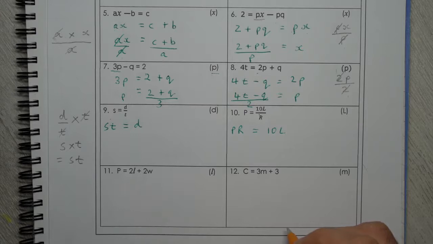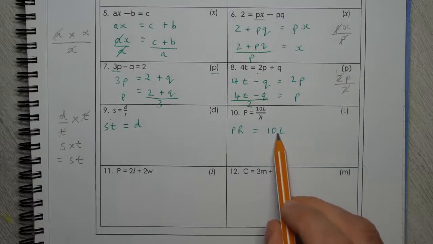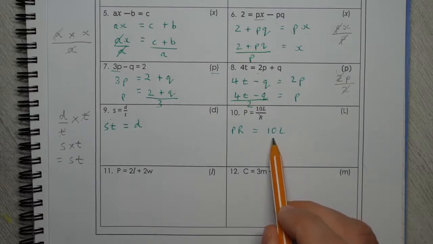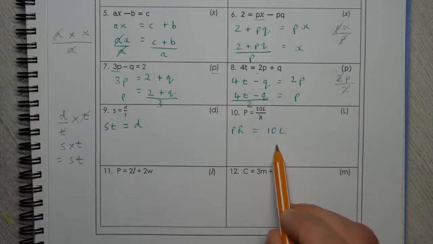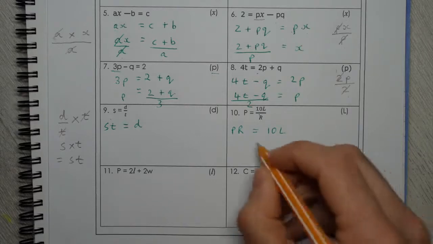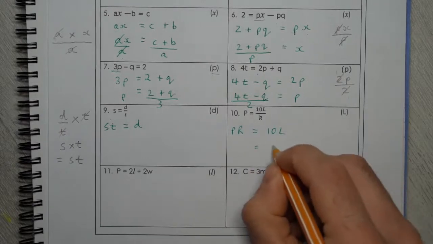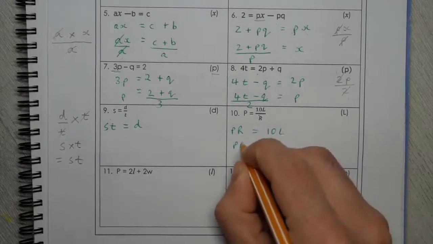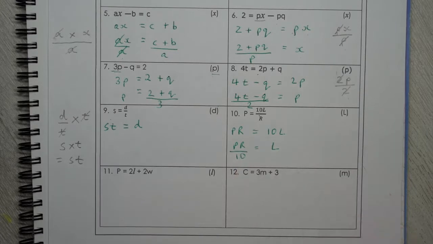We need L, the subject of the formula. So we have 10 times L. To eliminate the 10 from here, we must divide by 10 on both sides. So L is equal to PR on 10.